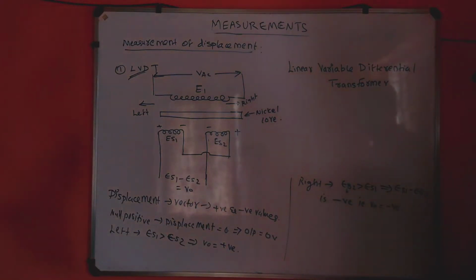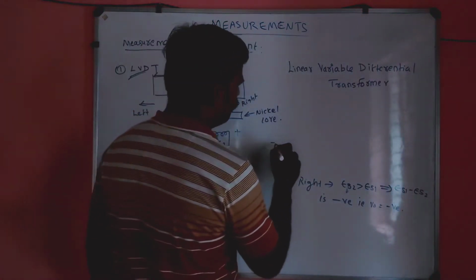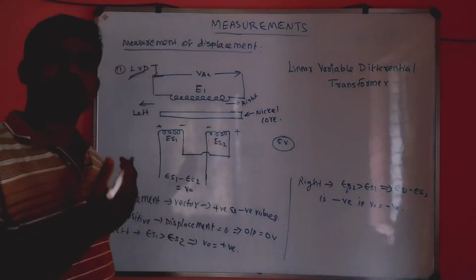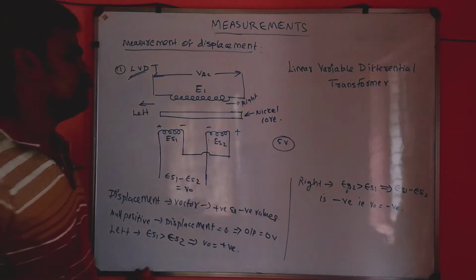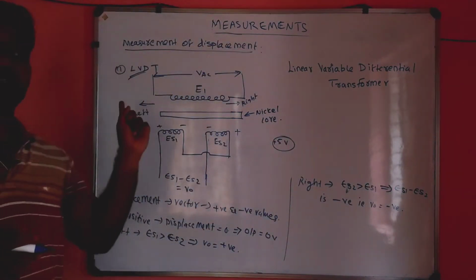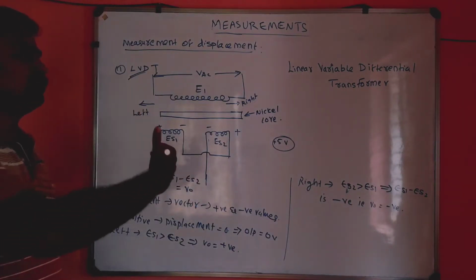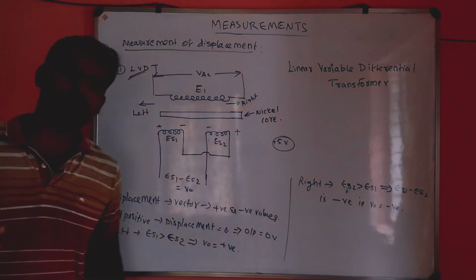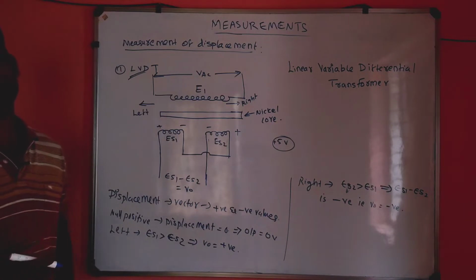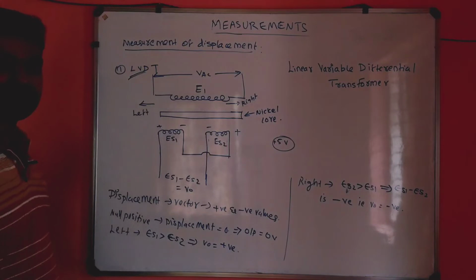Likewise, simply some 5 volt corresponds to a distance. Suppose I indicate plus 5 volt, it is towards the left. That is in the chart already given along with the LVDT. With that chart we can find which direction is positive. If it is negative, it is towards the opposite, towards the right.